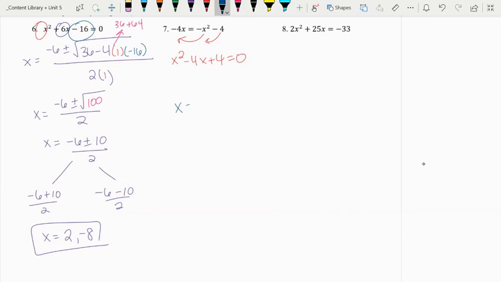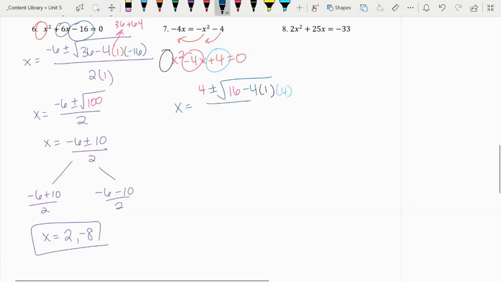Now we're set up for x equals the opposite of b. b is -4, so we have a positive 4, plus or minus the square root of b squared, so 16, minus 4 times your a value, which is 1, times your c value, 4, and then it's all over 2a.